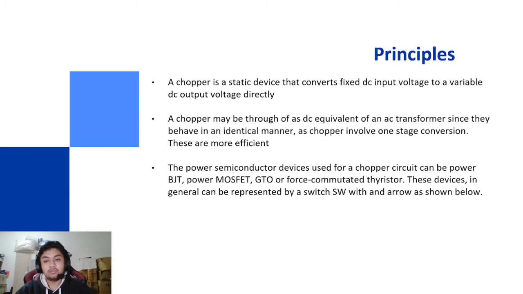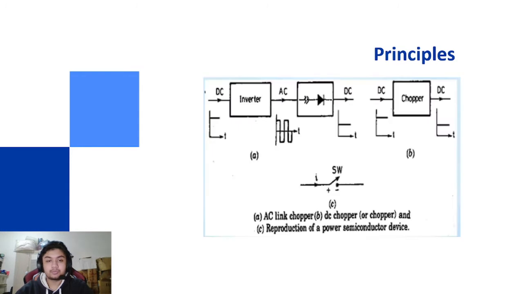As choppers involve one-stage conversion, these are more efficient. The power semiconductor devices used for a chopper circuit can be power BJT, power MOSFET, GTO, or force commutated thyristor. These devices in general can be represented by a switch SW with an arrow as shown below.